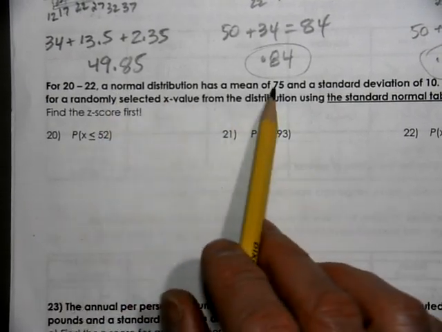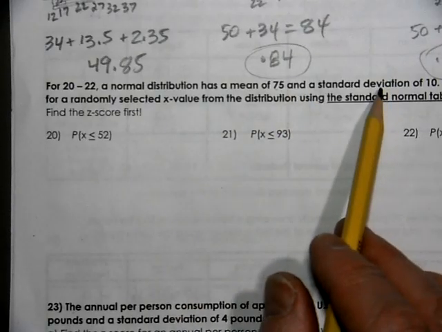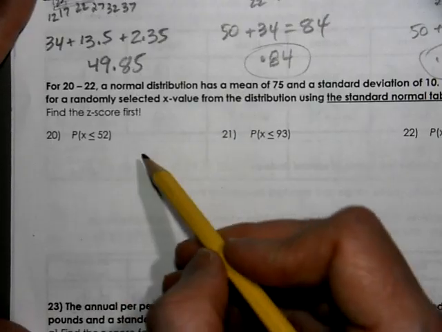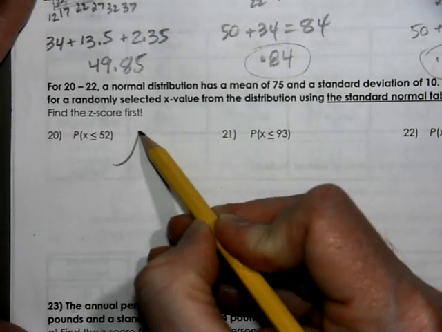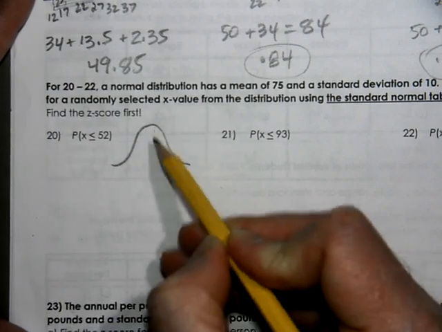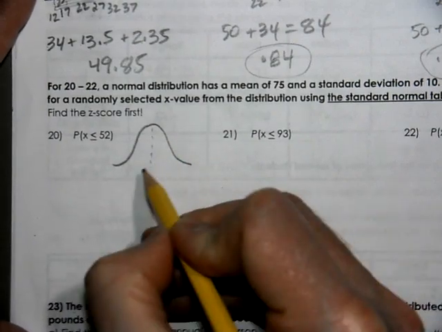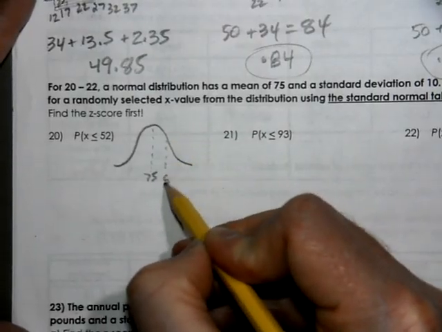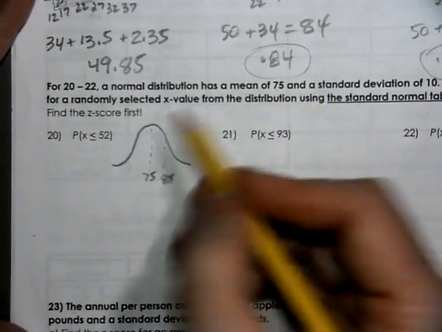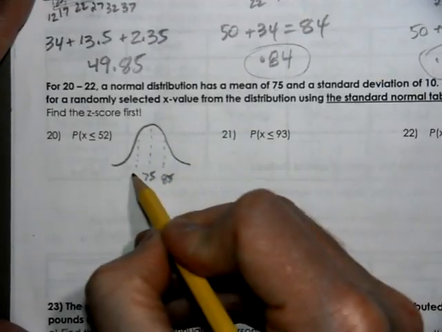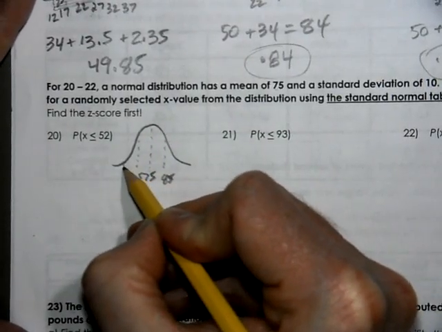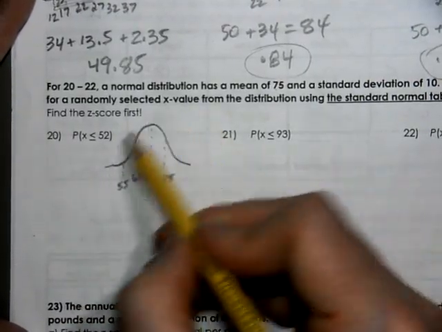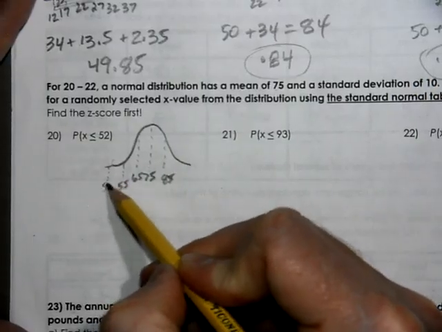A normal distribution has a median of 75, standard deviation of 10. Alright, let's take a look at what this all means. So if we have 75, and here we go up to 85 and 95 and 105, this would be 65, this would be 55, this would be 50.